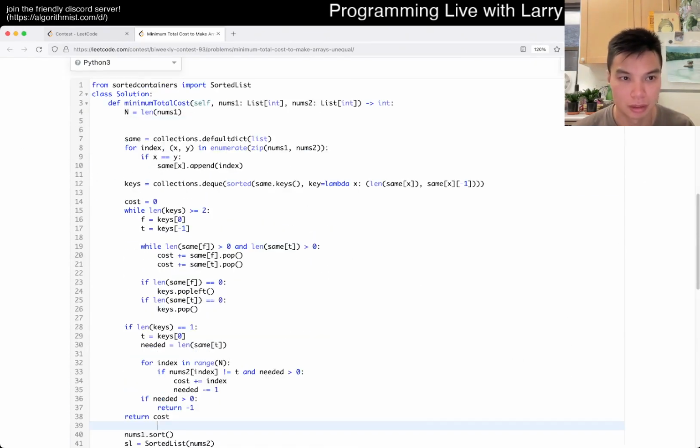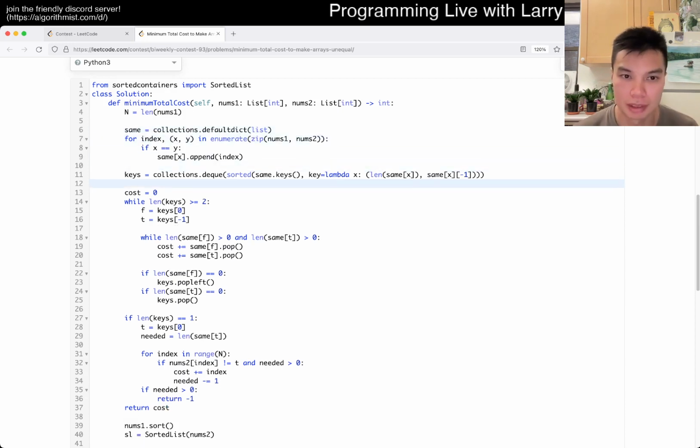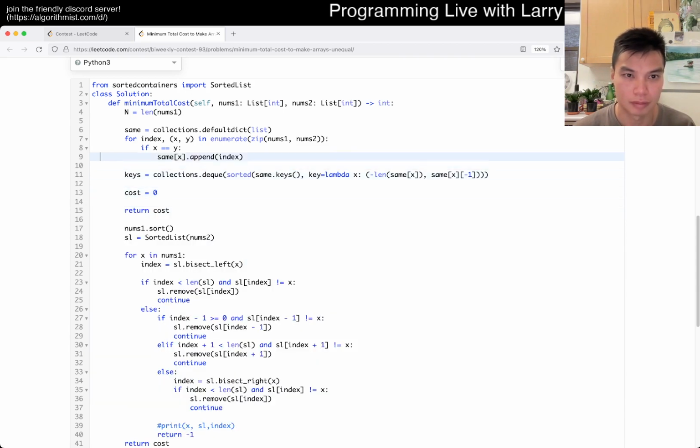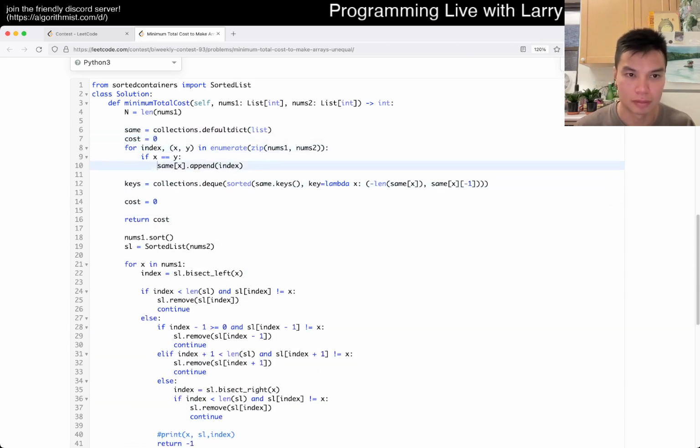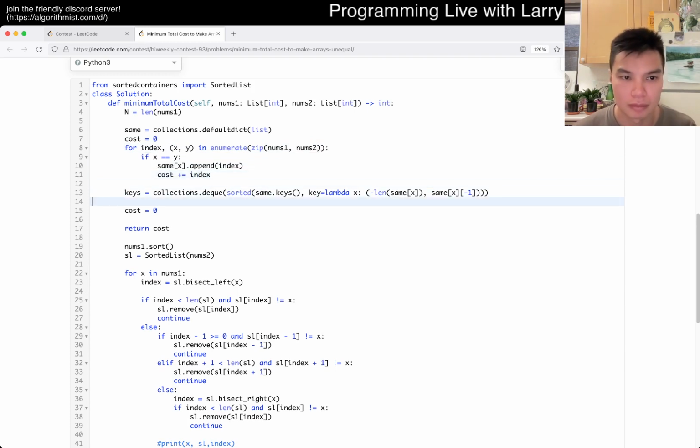Let's see. I don't know. So maybe I should match it this way. Maybe what I should do is do that now. Does that work? I don't know anymore.